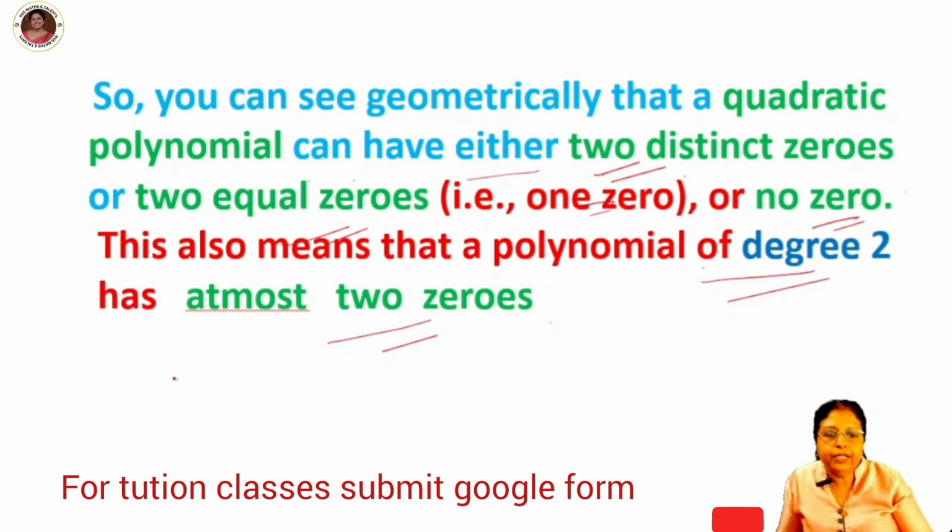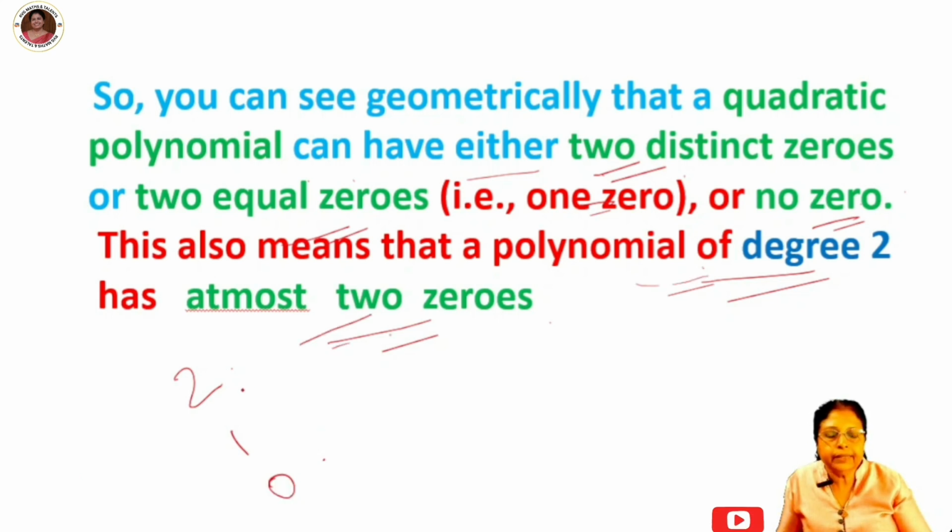That means two zeros or one zero or no zeros. Understand? In some cases it has two zeros, in some cases only one zero, that means coincident. In some cases, no zeros. That is a conclusion about the zeros of a quadratic polynomial.